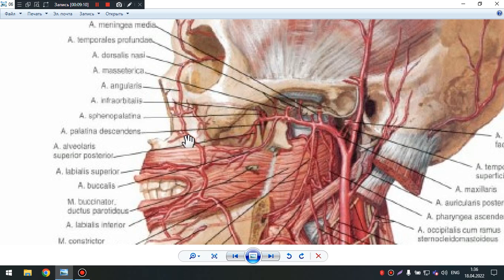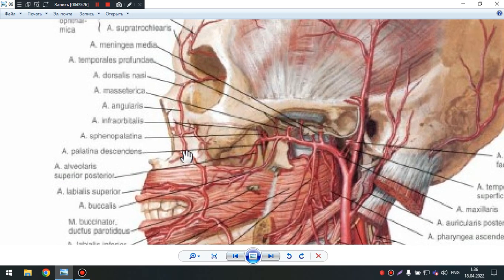Inferior labial artery blood supplies the muscles of the inferior lip, skin, and mucosa of the oral vestibule. Superior labial artery blood supplies the skin, muscles, and mucosa of the superior lip.